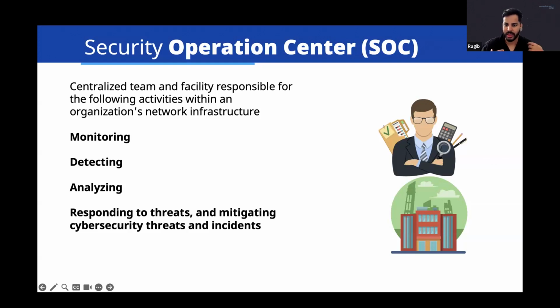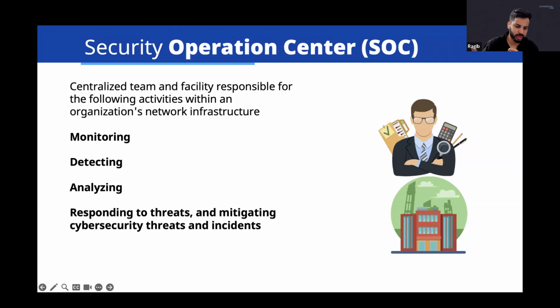Of course, you have AI and other built-in automated systems, but things can fail, so you always need some kind of human intervention. Next comes analyzing. When something suspicious is detected, the SOC team will dig deeper to understand what's happening and how serious the threat is. And finally, they respond to the threats and try to mitigate the incident.